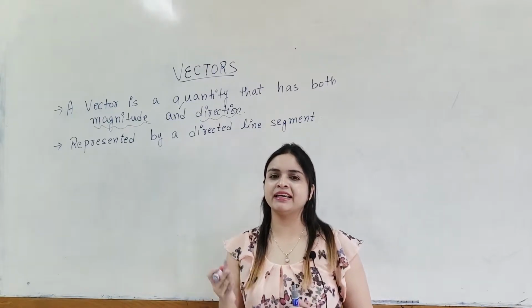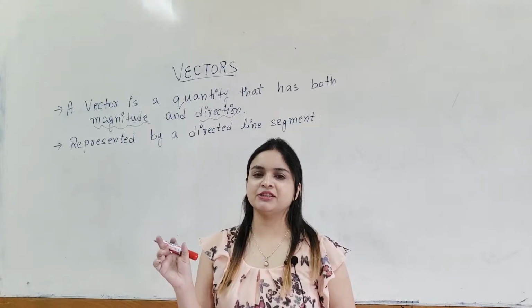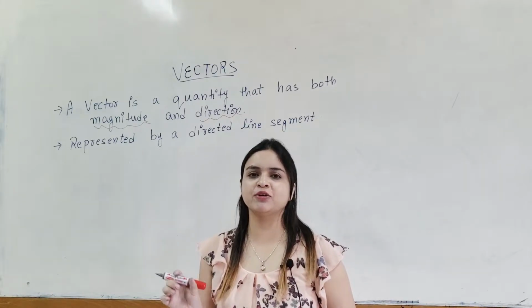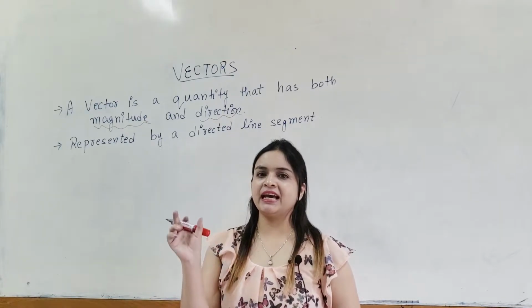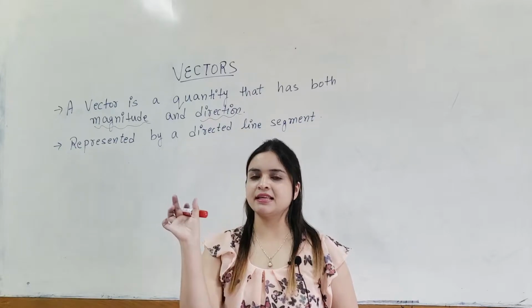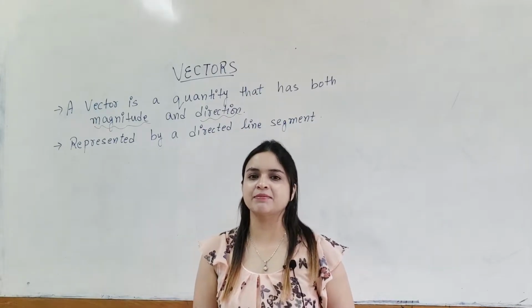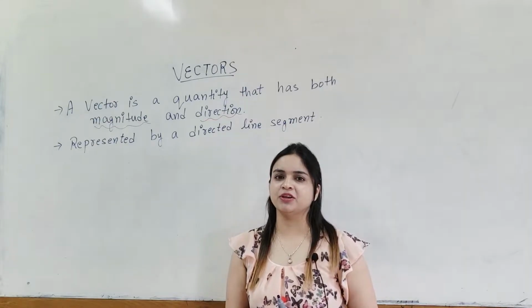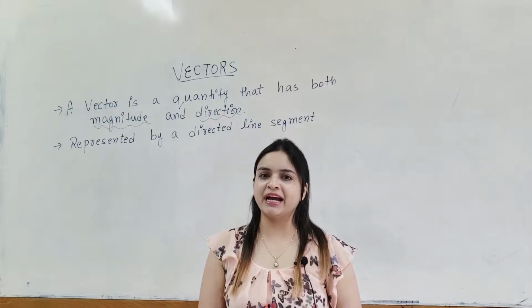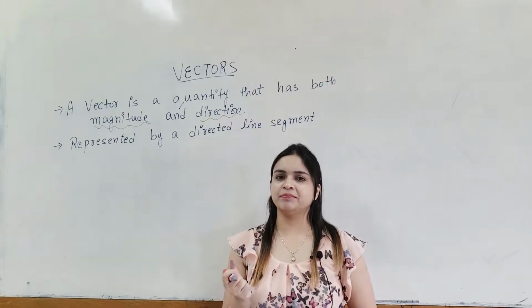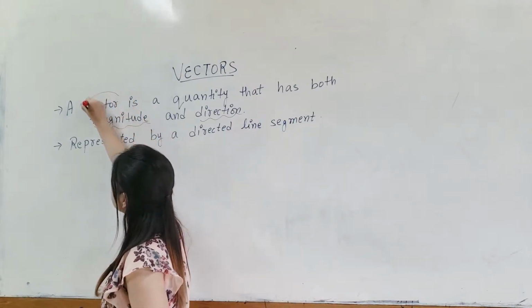Now, if I again say the same example in a way that my house is 50 kilometers north from the market, then I specified the distance as well as the direction. That means that quantity becomes a vector quantity. So when you specify the direction with the magnitude of the quantity, then that quantity becomes a vector quantity.